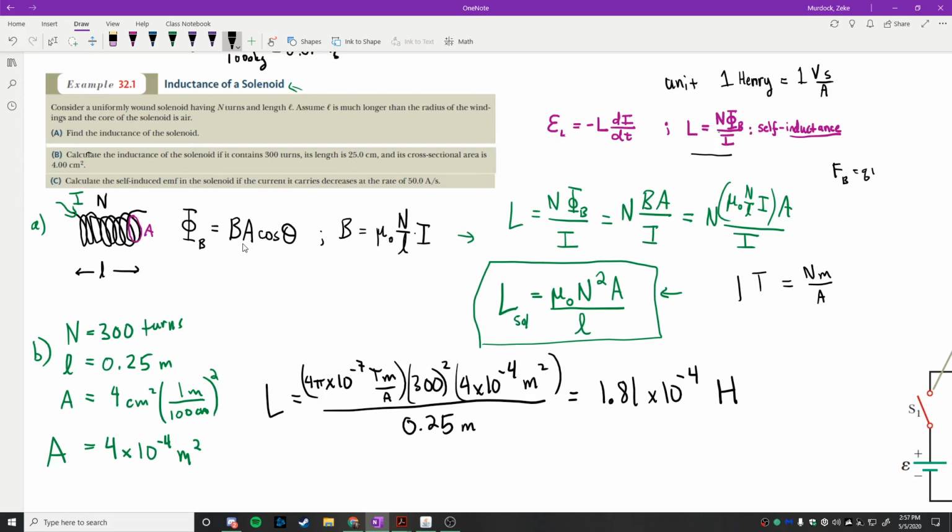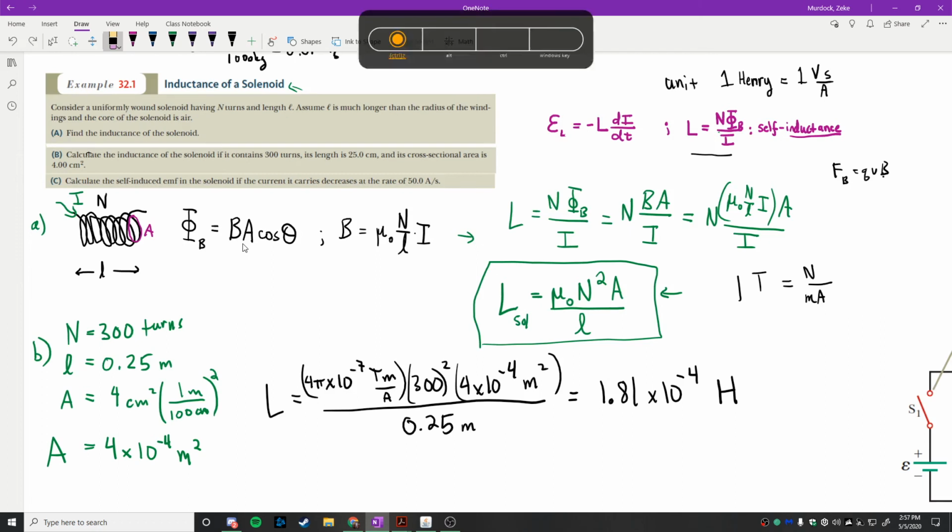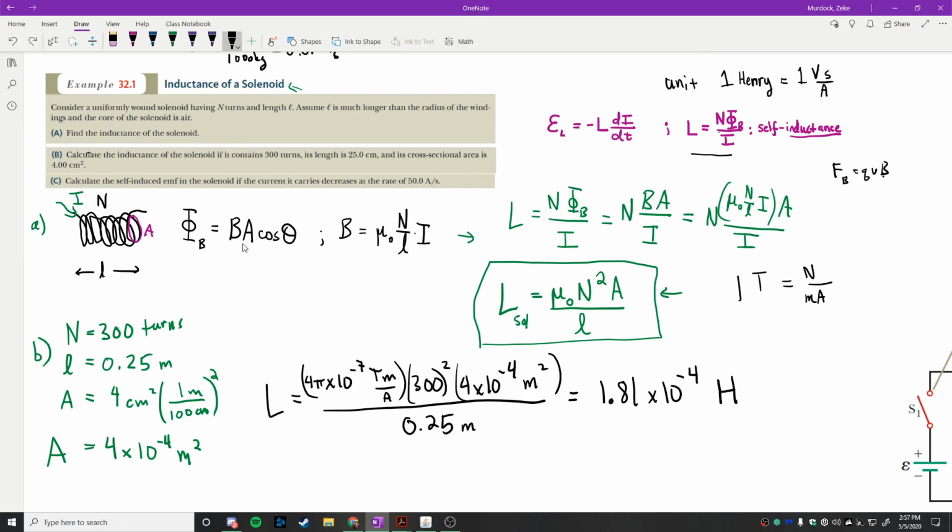FB is QVB. So magnetic field is going to be newtons divided by Q times v, where Q over seconds would be amps. It's Newton divided by meter amp, that's why. I thought that was wrong. Is that right? Tesla is newtons divided by meters divided by amps, yeah. So if we do that, and we look at this one, oops, well, what happened? Newton per meter amp.